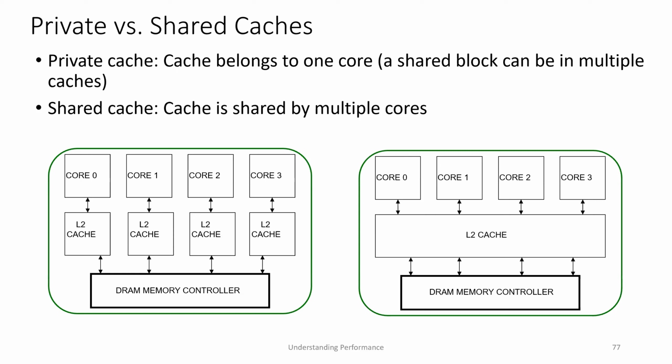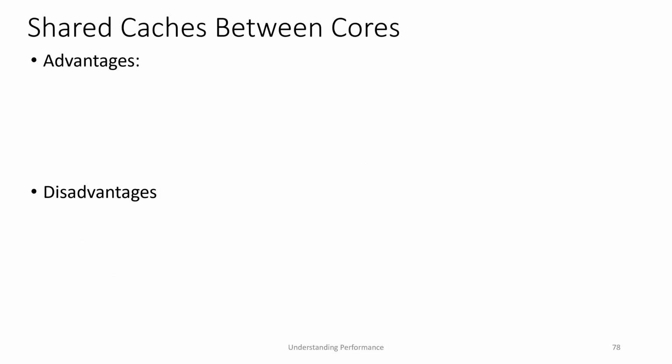Okay. Now, private cache versus shared cache: of course, you all know that for a private cache, only one core will be accessing the data within it. For a shared cache, there can be one or more cores accessing the data. For private caches, the discussion is more or less straightforward, but for shared caches, the issue becomes tricky. One advantage of shared caches is that the effective capacity usage will be higher.